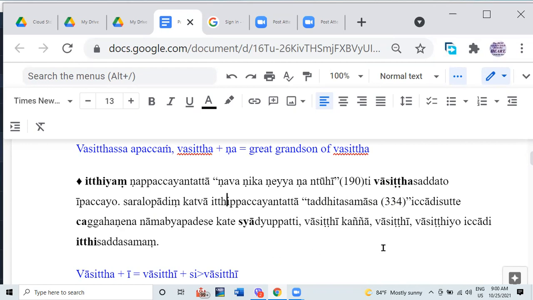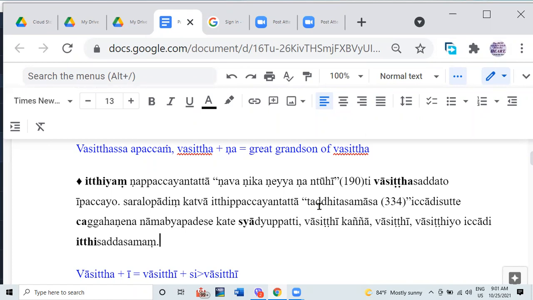At that time we get Vasiti, Kanya, Vasitiyo, Kanyayo. And the sutta Navanika Neya Nandu: Nava, Nika, Neya, Na, and Du. I think there is no Du suffix, but an Anta suffix. Neya and Nandu surfaces are the same, we can consider Antu as Anta.